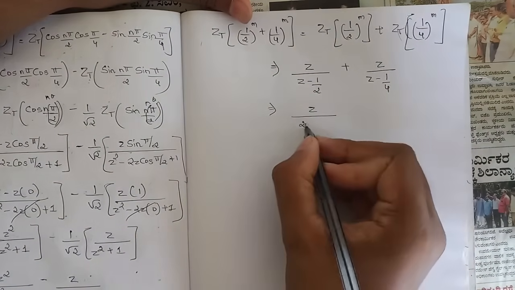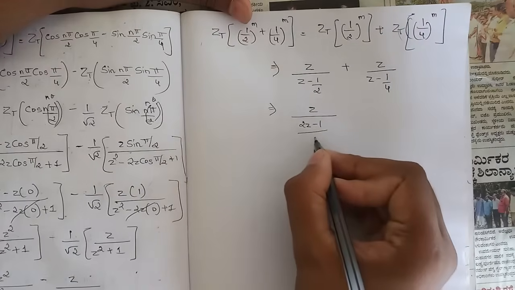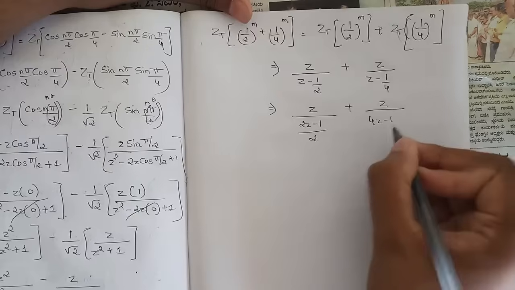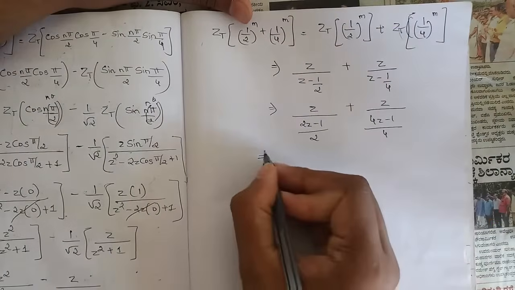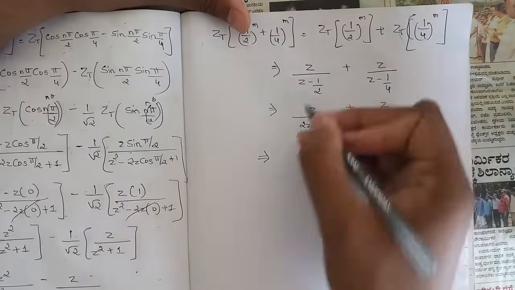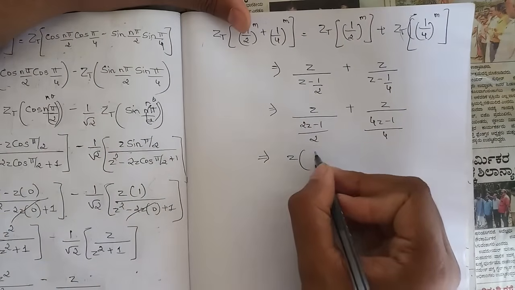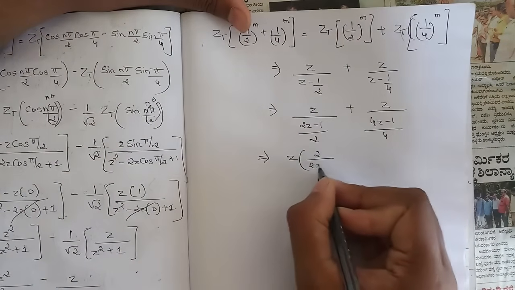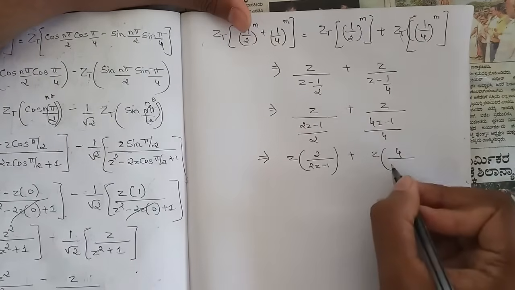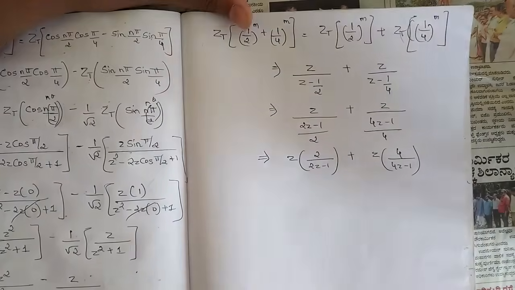Take the LCM, 2z minus 1 by 2 plus z divided by 4z minus 1 by 4. Okay, take this 2 to the other side, so we need to take the reciprocal, z into 2 divided by 2z minus 1 plus z into 4 divided by 4z minus 1.